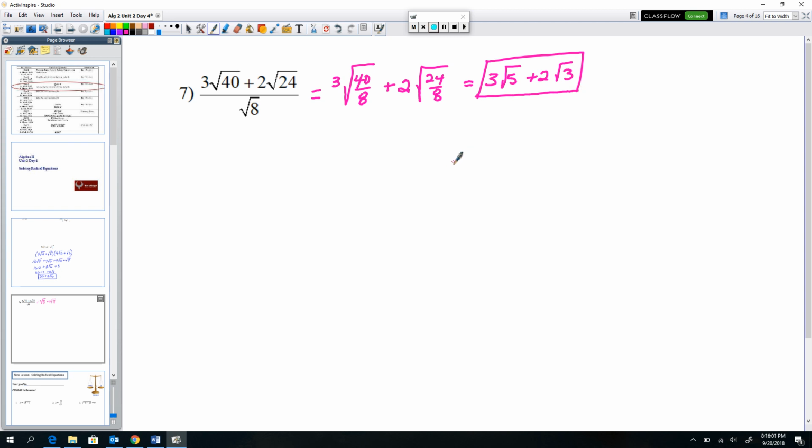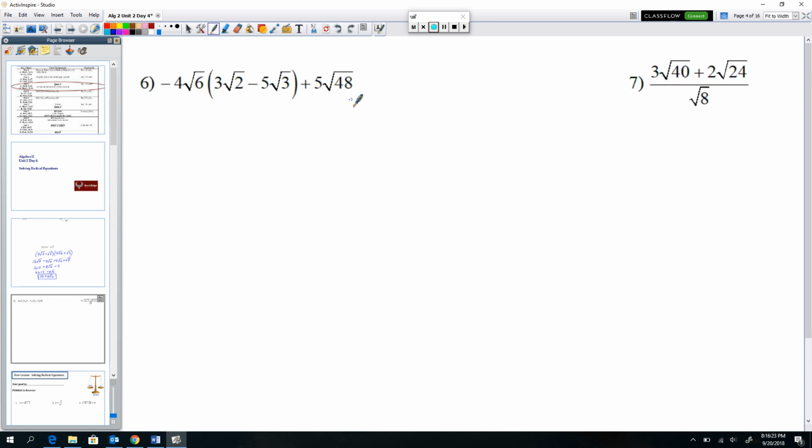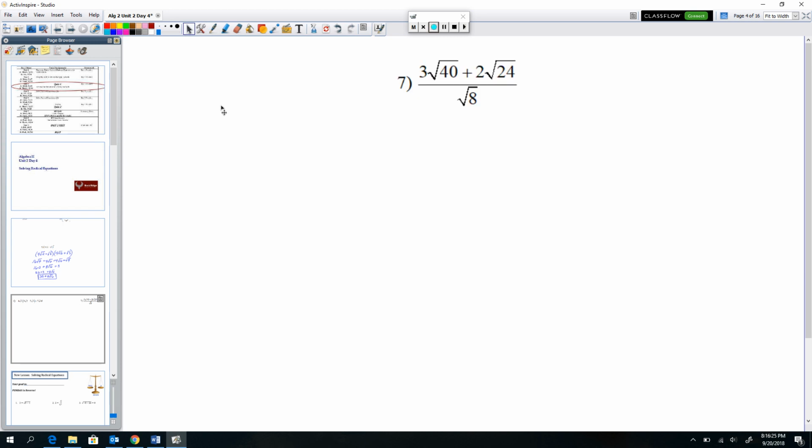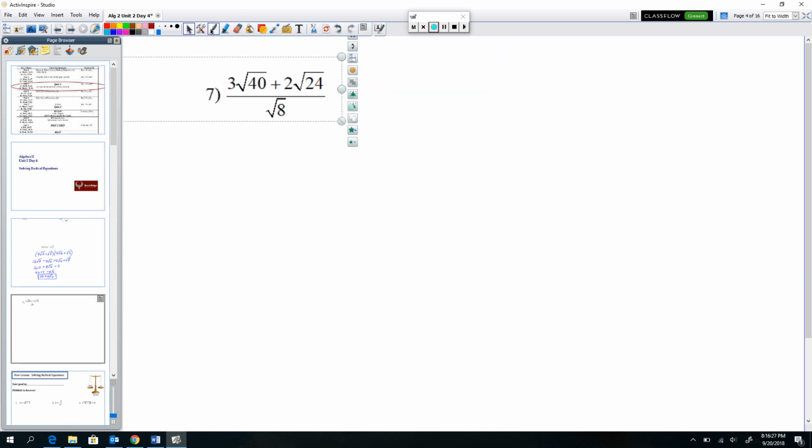If you don't have that understanding of how these work, you can absolutely make use of what we learned last class in Rationalizing Denominators and treat this problem a little bit differently. You can say, well, this radical on the bottom is my troublemaker, and so I am going to counteract that troublemaker by multiplying by the square root of 8.